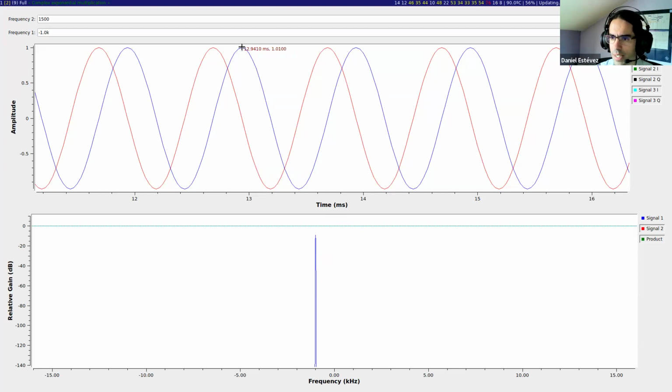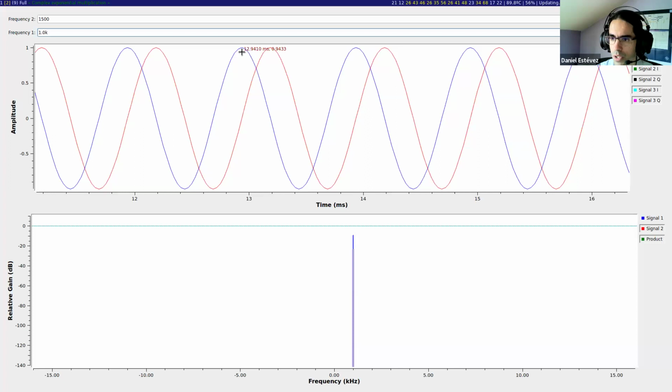What that means is that now the red signal, so the imaginary part, is leading, so it comes before the real part. Let's do the comparison again. So with a negative frequency, red has the peak before blue. If I switch to positive frequency, red has the peak after blue.